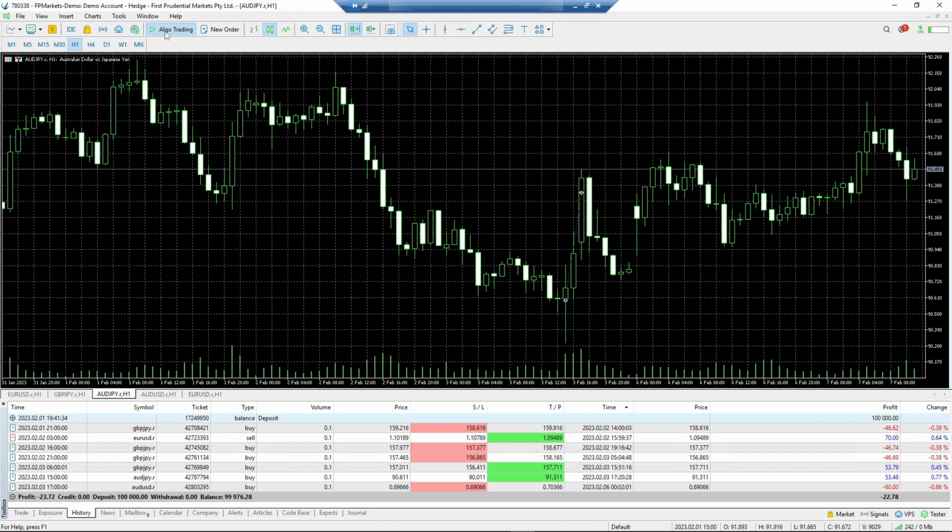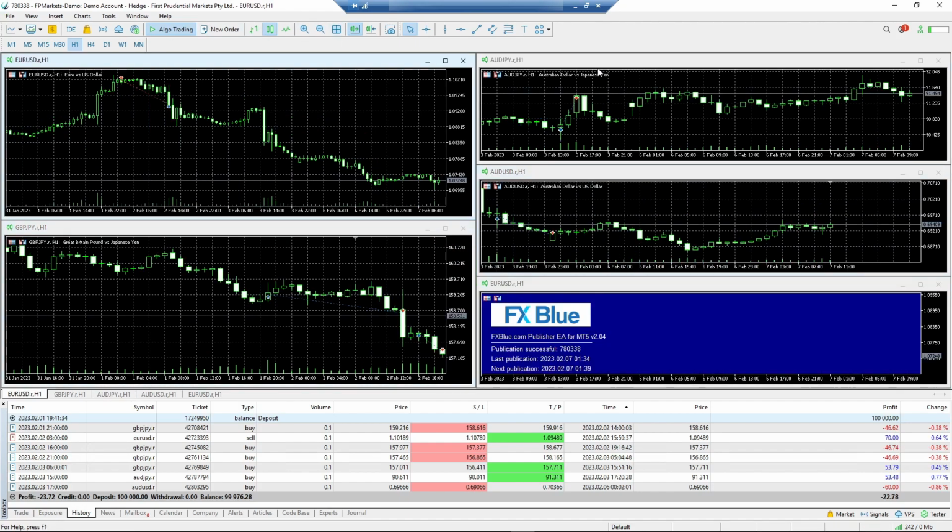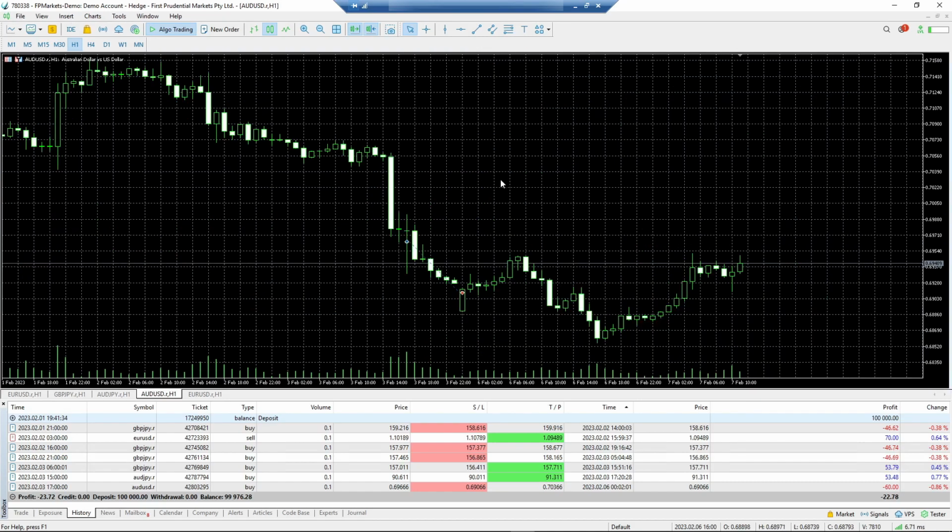So let's go to the next one here. And this one is the Aussie USD. And also here we can see that there is only one, and that has gone against it. This was a buy in this particular case, and we ended up on the stop loss down here, and it didn't look like it was going to take any more trades in.